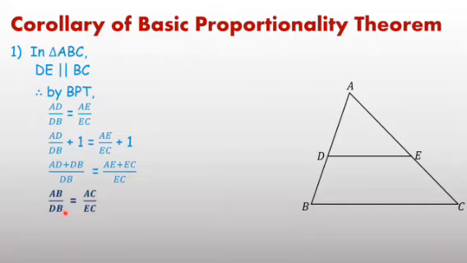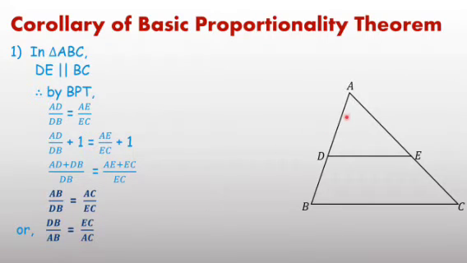The next result you are getting with the help of BPT is AB upon DB equals AC upon EC. Directly also you can apply this result. Or taking reciprocal on both sides, you can write DB upon AB equals EC upon AC.